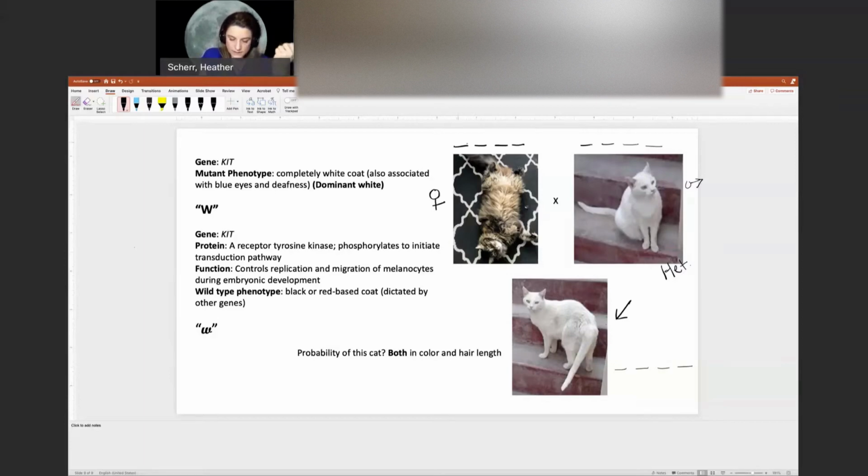Let's remind ourselves: L, big W, little W. What was the dominant L? Long hair. And then the little L had short hair.